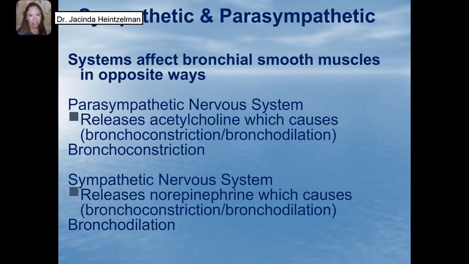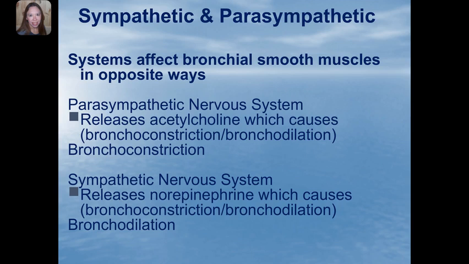Now we've got to think back to the sympathetic and parasympathetic nervous system. Remember, these two systems are going to be affecting the bronchial smooth muscles in opposite ways. The parasympathetic nervous system releases acetylcholine, and the acetylcholine is then causing bronchoconstriction. The sympathetic nervous system is doing the opposite.